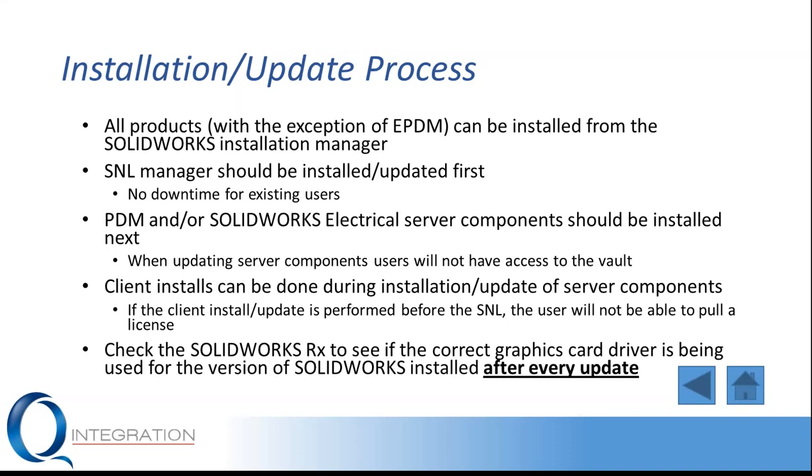So if the license manager were to go down, the service were to be stopped, in this case during installation or updating of that license manager, the existing users that are using SolidWorks are not going to experience a problem. Now, if it's down for a considerable amount of time, SolidWorks will make them save, and then it'll close automatically.